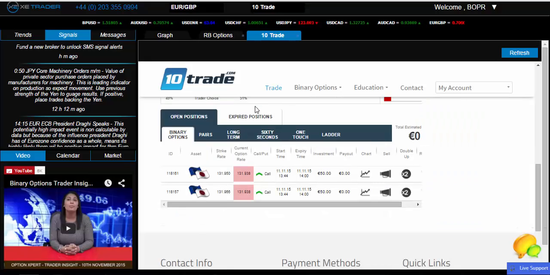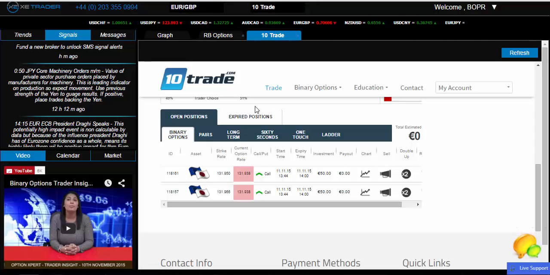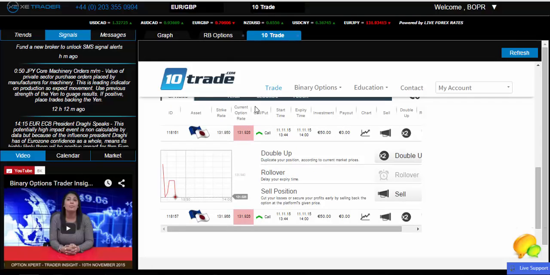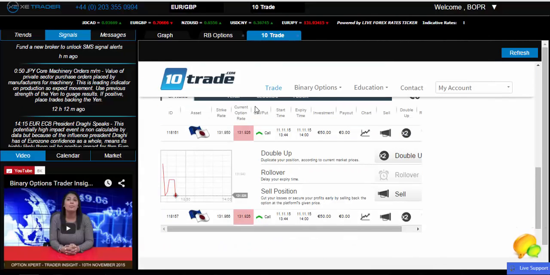My entry point is at 131.966. I'm really tempted to do like a 150 euro trade going down so I can make my money back. But right now it's stopped moving. Oh, no, hang on. You want it to go up? Well, I would have wanted it to go up, but I was stupid and I chose the wrong one.